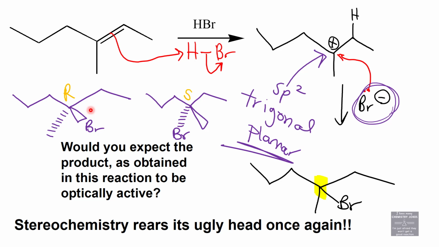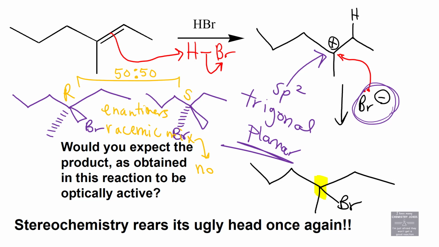It will attack from both. So we would say that we get a 50-50 mixture of these two compounds. These two compounds are enantiomers, and a 50-50 mixture of enantiomers is called a racemic mixture. That's illegible, I know. That's a racemic mixture, so we make a racemic mixture.